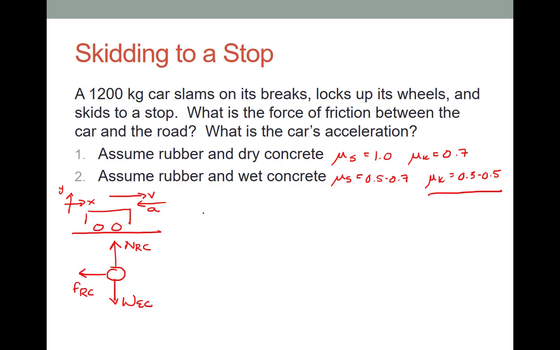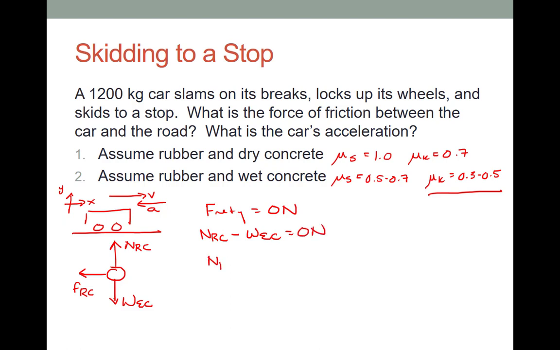Looking at the vertical direction, the Y direction, we have no acceleration in that direction, therefore the net force in the vertical direction equals 0. I'm going to take all forces upward, subtract off all forces downward.